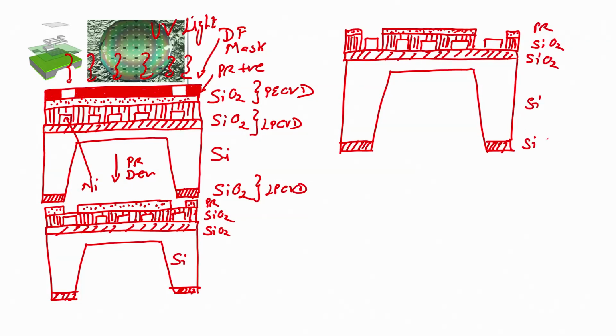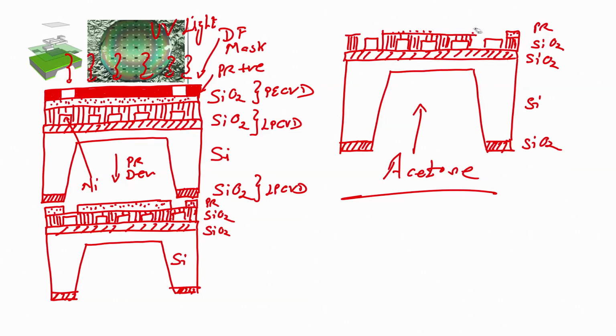So, the next step would be to dip this wafer in acetone, right. When you dip the wafer in acetone, what will happen? The photoresist will be stripped off. So, let us remove the photoresist.